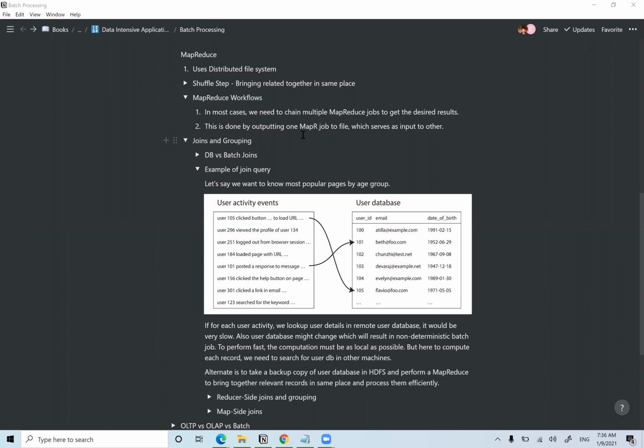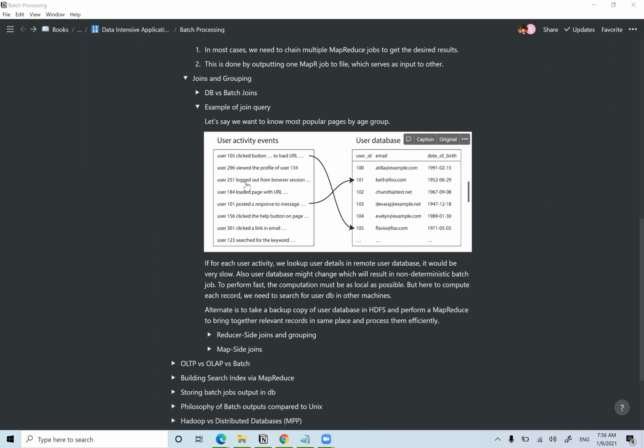Similar things we would need to do in these batch kind of jobs. So we will understand what's the difference between joins in a SQL query versus joins that happen in a batch job, and how this MapReduce framework for batch processing performs those joins, right?